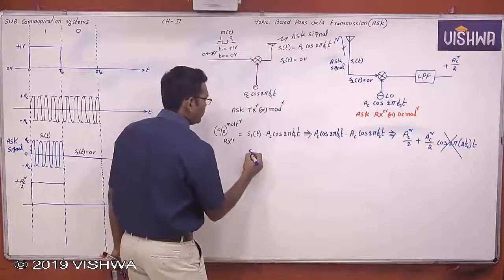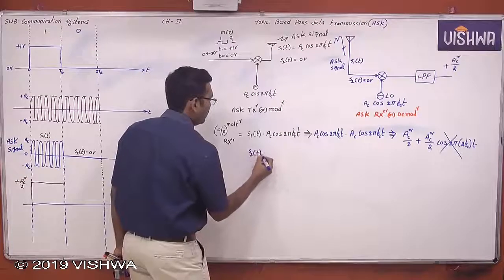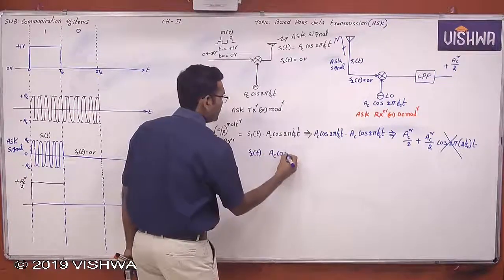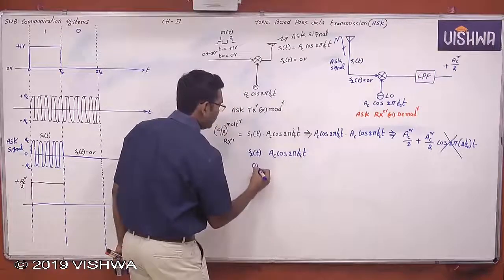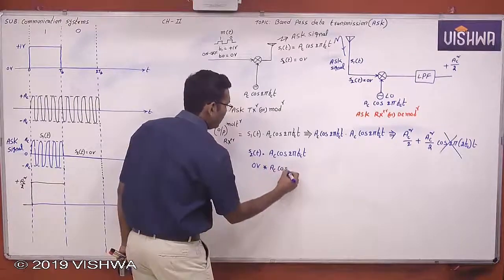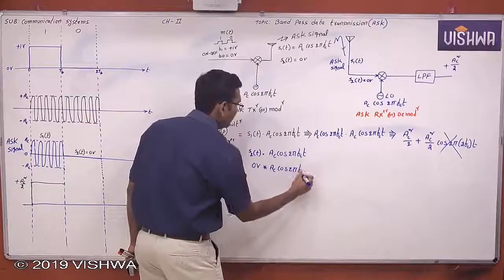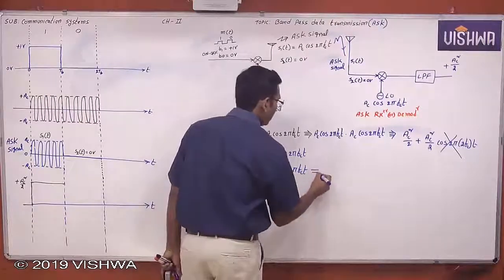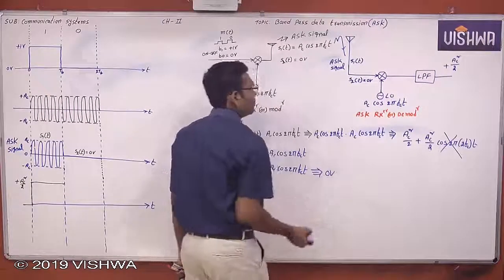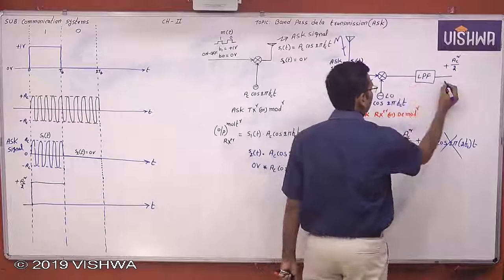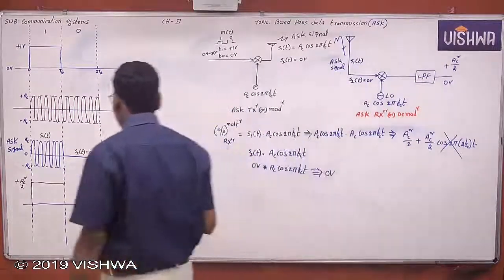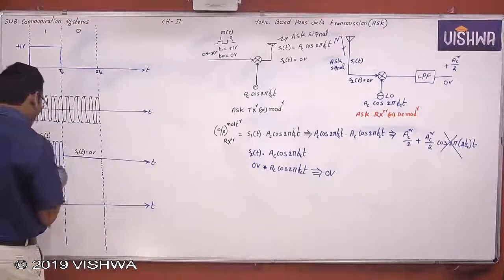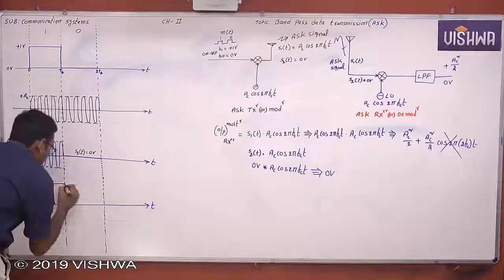Now this is S2 of t multiplied with AC cos 2 pi FC T, but S2 of t is 0 volts multiplied with AC cos 2 pi FC T, which is nothing but 0 volts. So this is 0 volts, which is a DC. Now for S2 of t, the output of the demodulator is 0 volts.